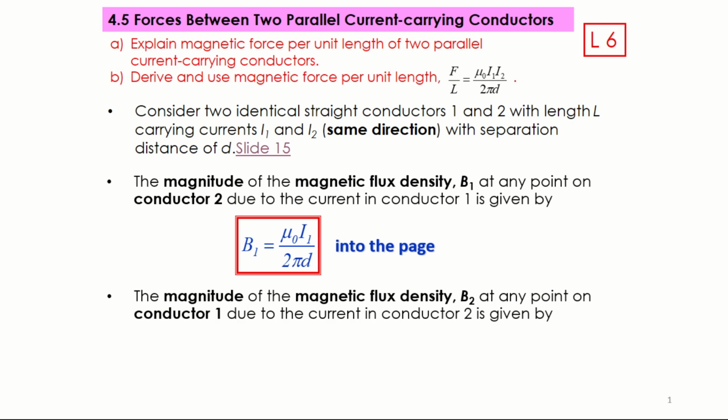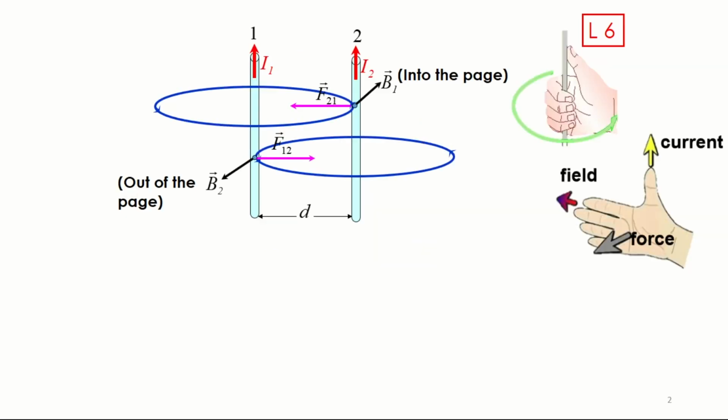Then the magnitude of the magnetic flux density B2 at any point on conductor 1 due to the current in conductor 2 is given by B2 equals mu naught I2 divided by 2 pi d, and the direction of B2 is out of the page.